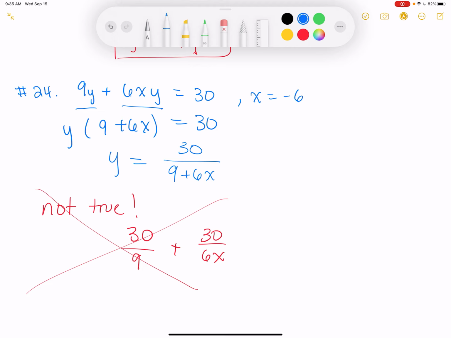So now I'm going to take this and plug the negative 6 in. So y is equal to 30 over 9 plus 6 times negative 6.